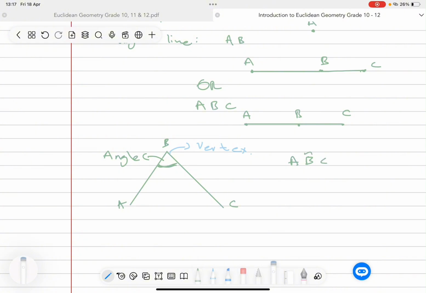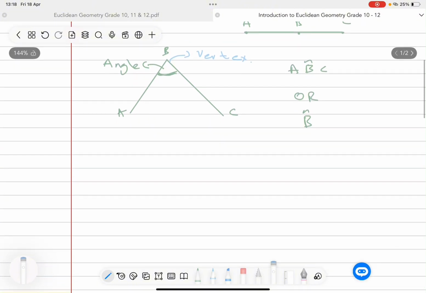What we're saying is that if we start from point A, we go to B and we go to C, we create the angle here at B. Do you see I've used an accent at the top of that letter B to say the angle occurs here on the letter B. That's how we'll write our angle. Alternatively, other people can also just write the letter B with an accent at the top to simply say that here at B, that's where we measure our angle.